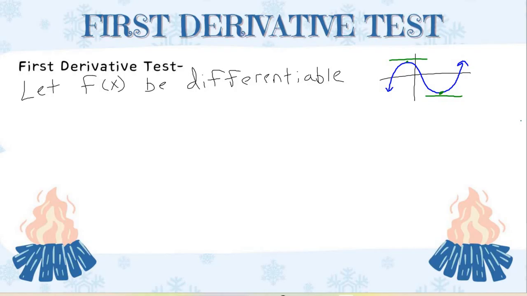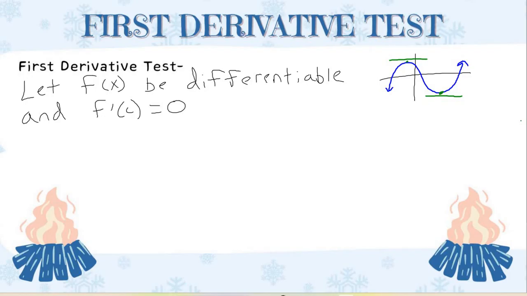So if it is differentiable and f prime of c equals 0, what does that mean about c? What's happening on my graph? It's a turning point, right? But now what we have to decide is which type of turning point it is. Is it a relative max or is it a relative min? And so what we do is kind of the same thing we've been doing.